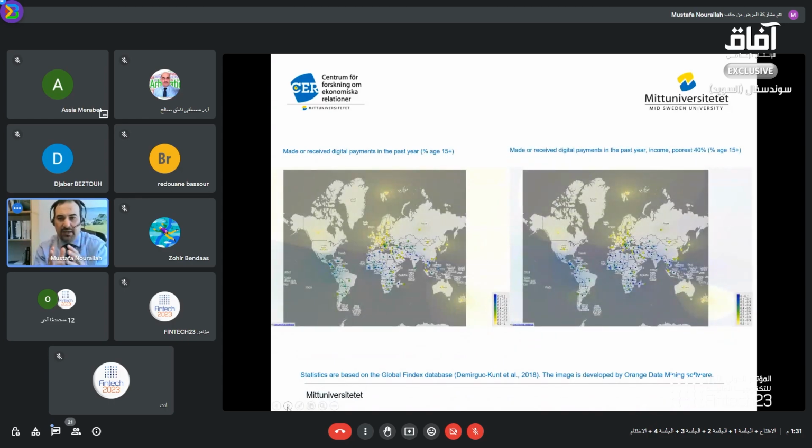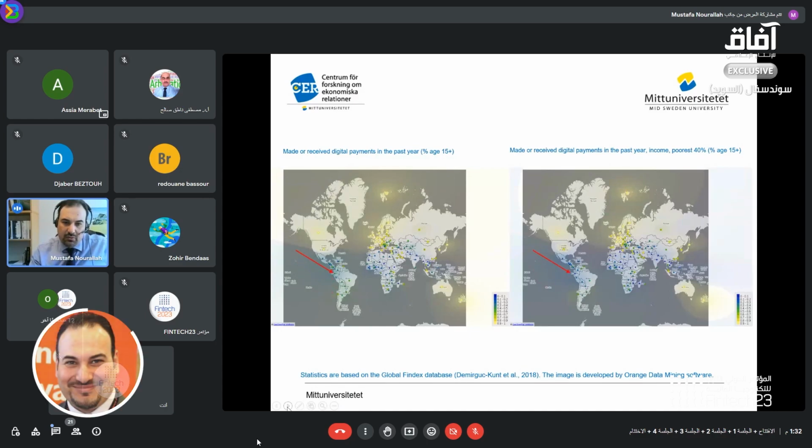Here I'm trying to compare the situation for the general population, but also for the population of those who are considered low income, or as the data calls them, the poorest 40%. So we ask the whole population, first of all, whether they got a chance to make or receive digital payments, but also those with the lowest income. You can see that we have a very clear difference in some areas of the world.